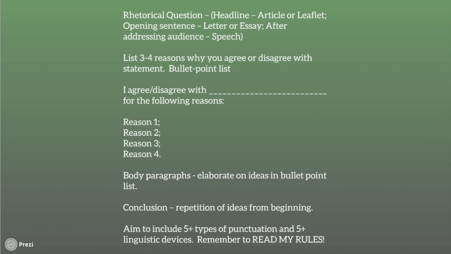Throughout this answer, you're thinking about including 5 different types of punctuation, which you likely will have done if you followed the easy-peasy structure, and you're also thinking about including 5 or more types of linguistic devices. So this easy-peasy structure works for every single format. So if you're stuck in the exam, remember this: rhetorical question, bullet point list, body paragraphs, conclusion.